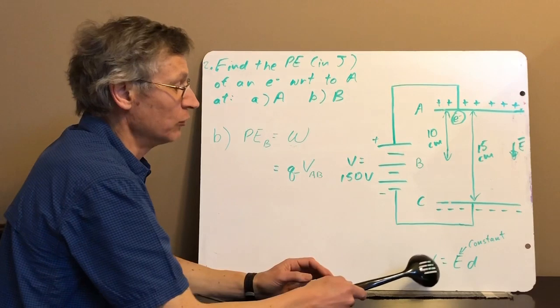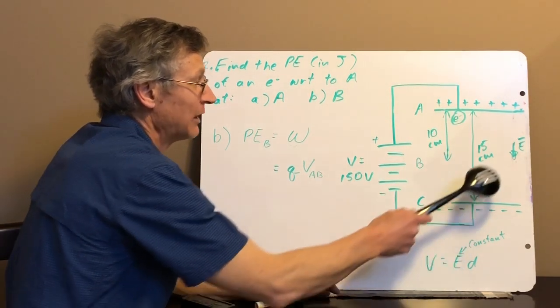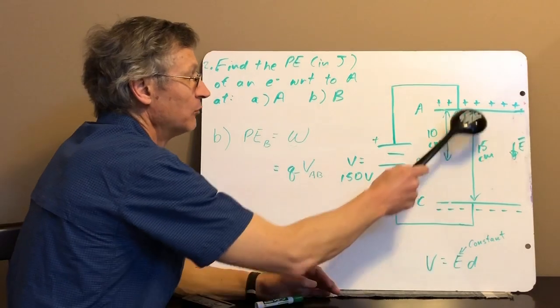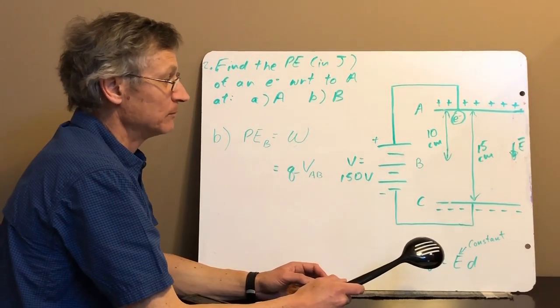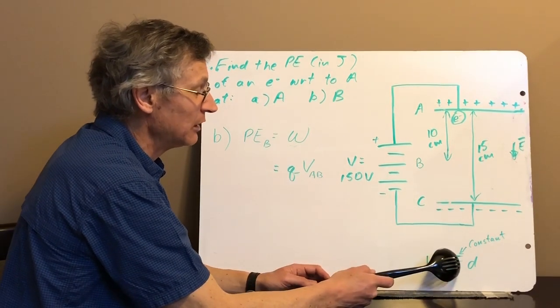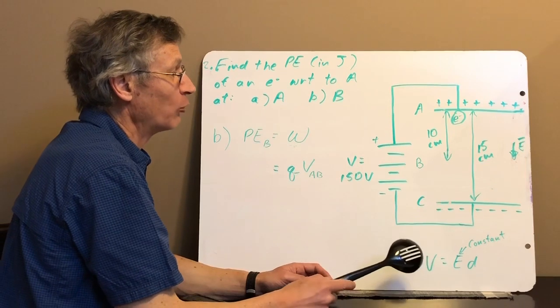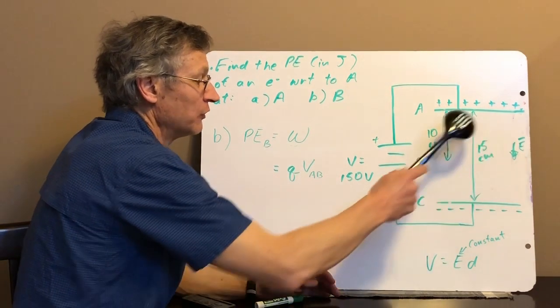That's nothing new, right? V equals that. And you have to remember that the electric field is constant. No matter where you are, the electric field is constant. It is staying the same.